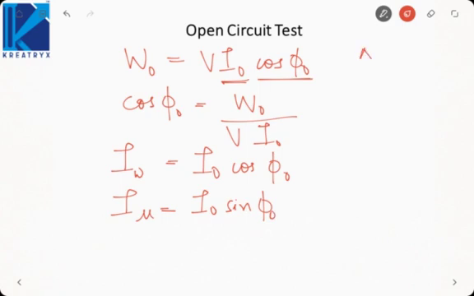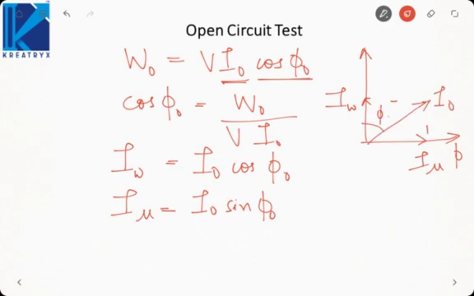This you can observe from the phasor diagram that we draw. This is my flux, this is my I mu, this is my IW, and the sum of these currents will give me I0. This angle is phi0.